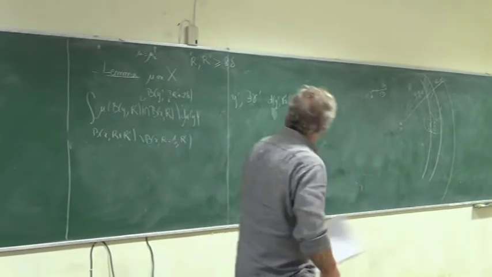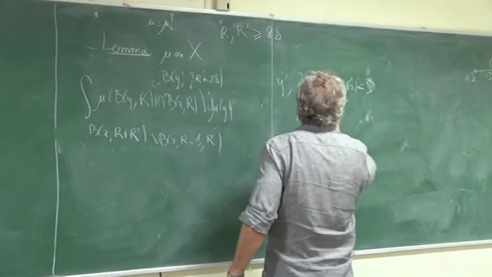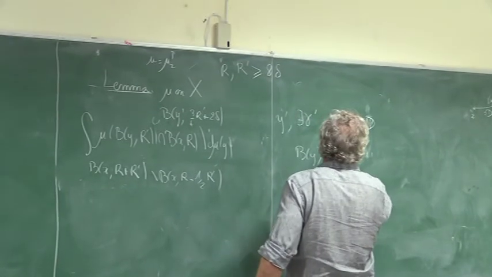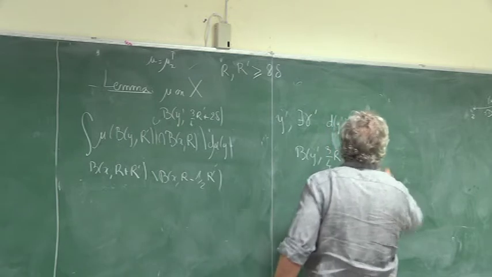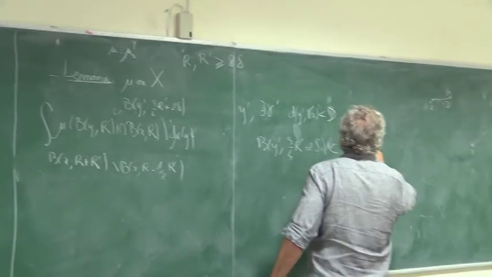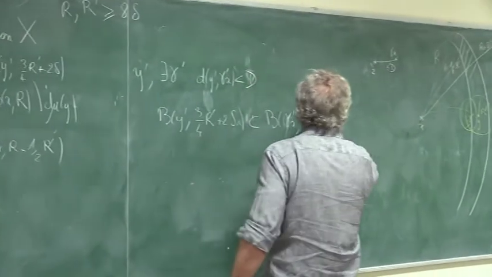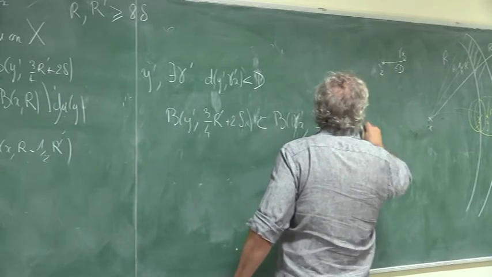Right. So finally, this ball, b of y prime 3/4 of r prime plus 2 delta, is included in the ball around gamma prime x of radius 3/4 r prime plus 2 delta plus d.